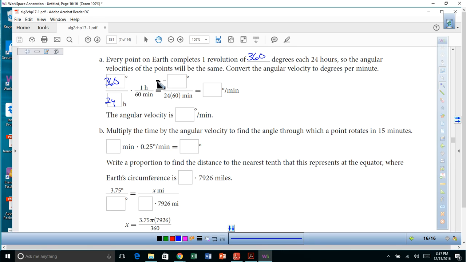And so 360 over 24 times 60, put it in your calculator, and you get 0.25 degrees a minute. The angular velocity is 0.25 degrees a minute.